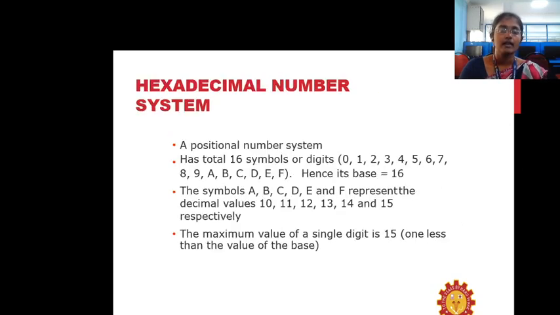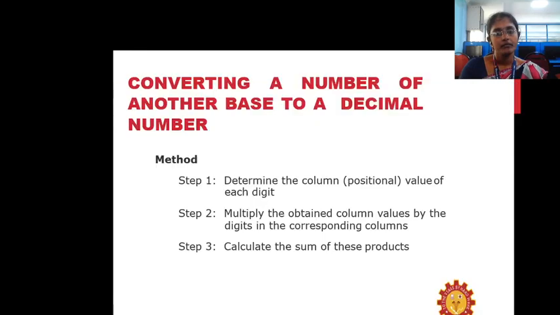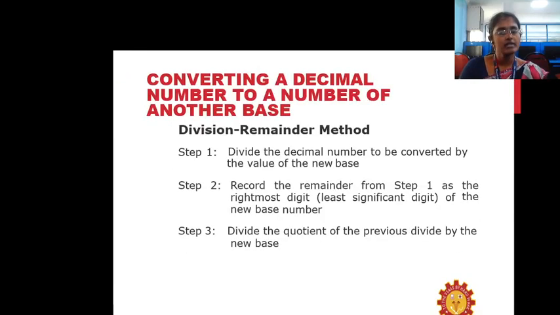And the last is the hexadecimal number system, whose symbols are 0 to 9 and A to F, in total 16 symbols, so its base is 16. Then we saw the conversions between decimal and binary, octal and binary, and hexadecimal and binary.